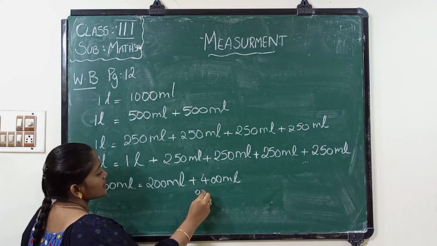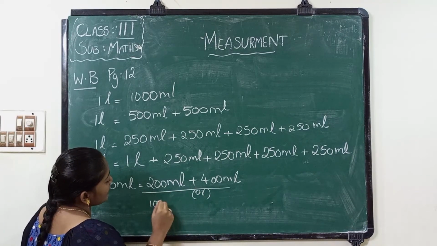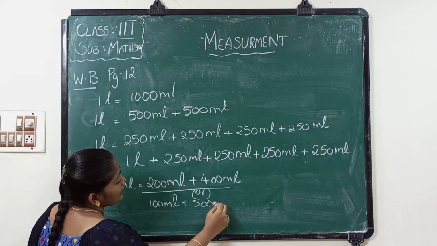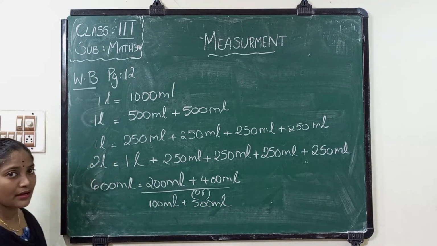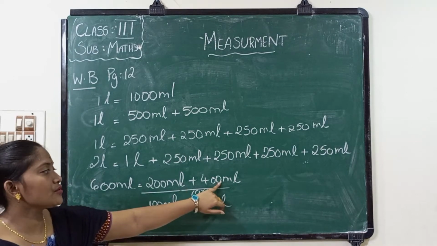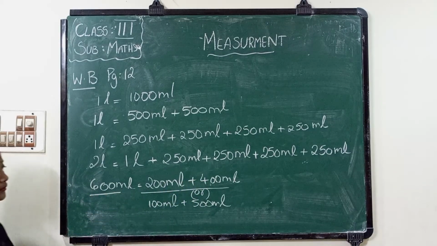If they didn't give anything, we can write it as 100 ml plus 500 ml. They mentioned 200 ml, so we have to use 400 here. Why? Because they ask about 600 ml.